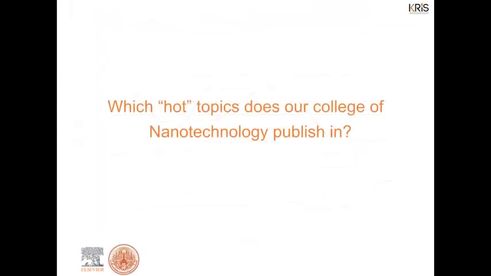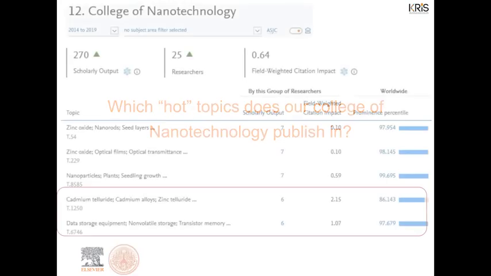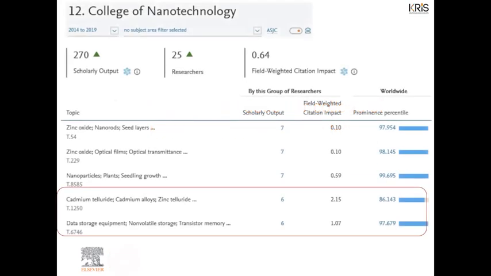So what type of hot topics does the College of Nanotechnology publish in? So this is looking specifically at your KMITL College of Nanotechnology, and we see that your college is represented by grouping together 25 researchers who in 5 years produced 270 papers. And we see that the top 5 topics are zinc oxide, nanorods, seed layers, nanoparticles, plant seedling growth.